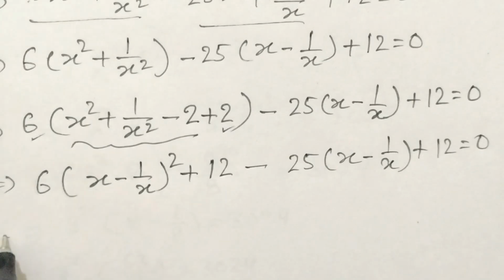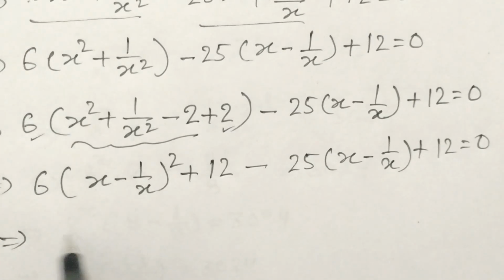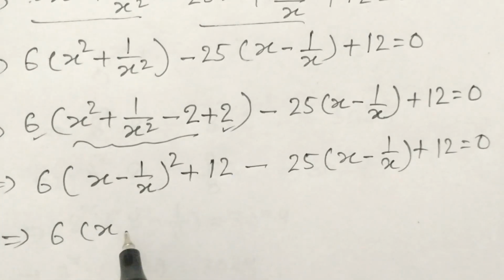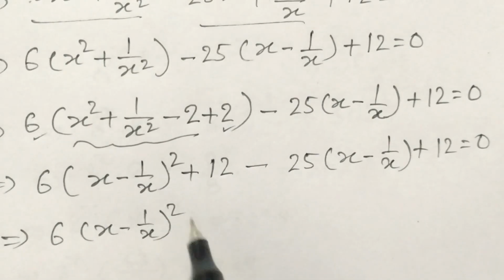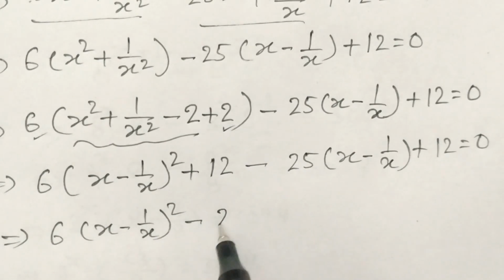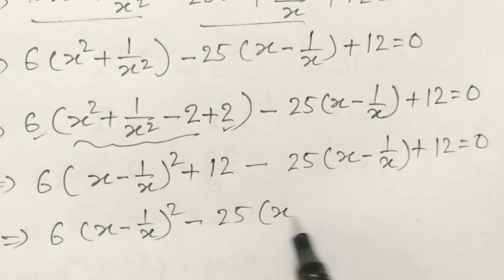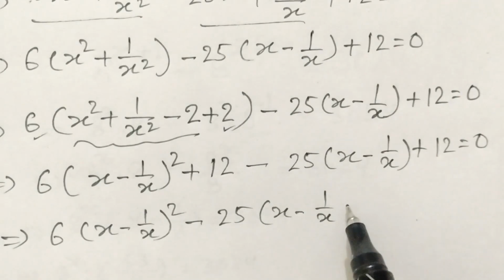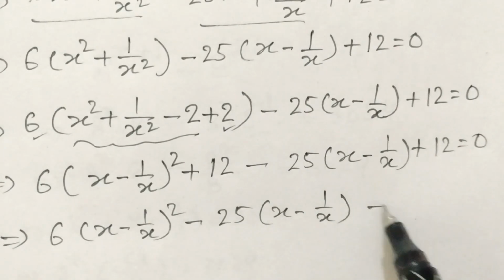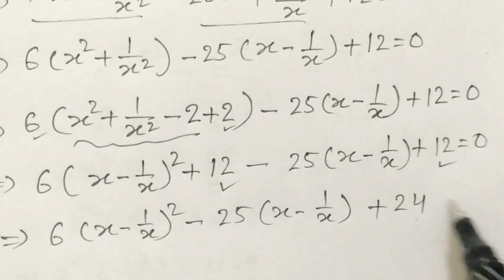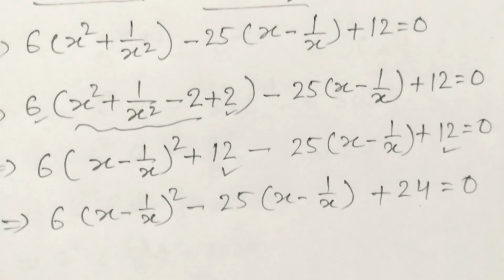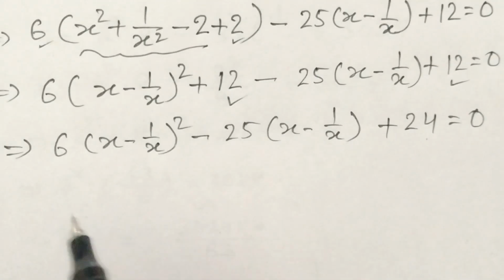If we again simplify this equation: 6(x - 1/x)^2 - 25(x - 1/x) plus this and this, 24, is equal to 0, right?